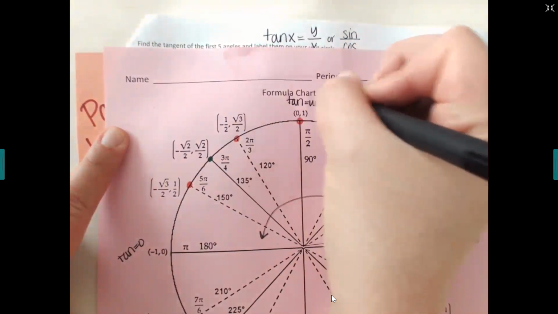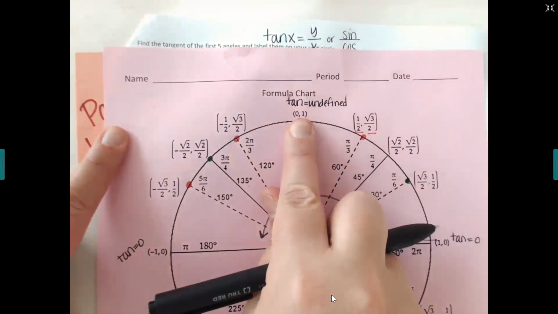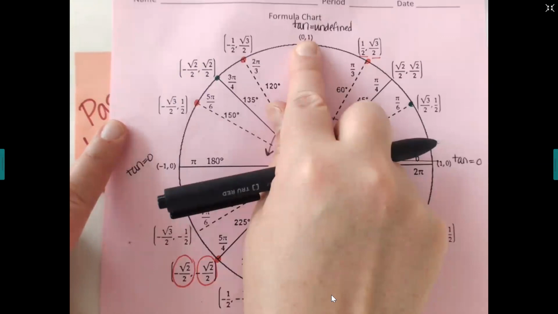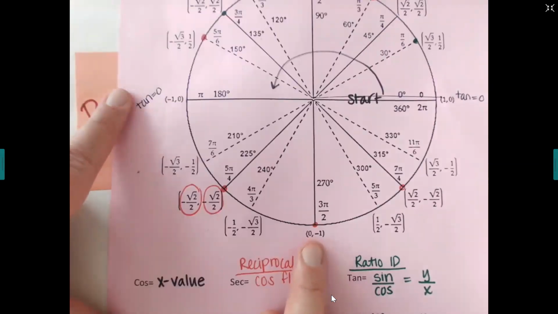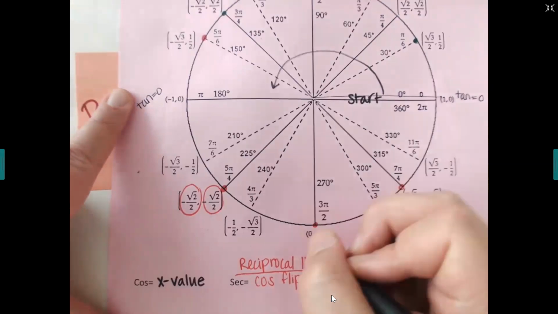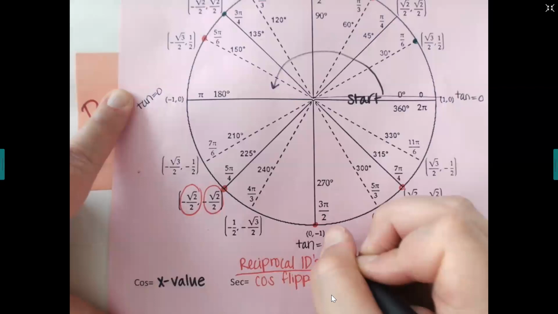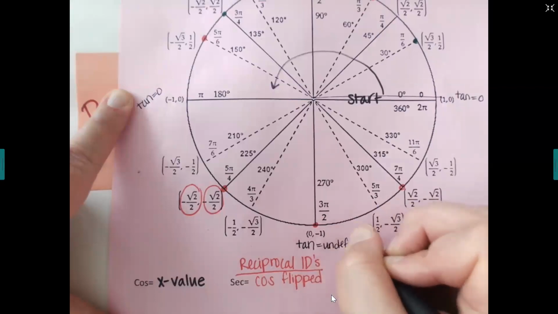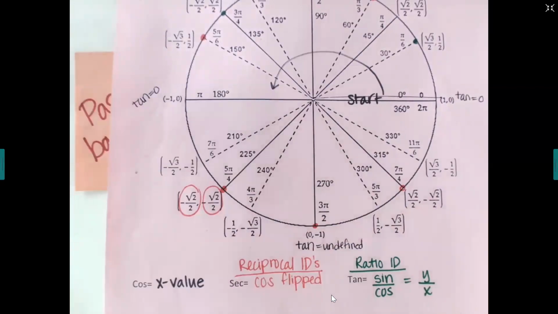Now, quick question. If 1 divided by 0 is undefined, wouldn't -1 divided by 0 also be undefined? So at the bottom of the circle, put tan equals undefined. So you should now have tangent written in the sides of the circle and top and bottom of the circle.